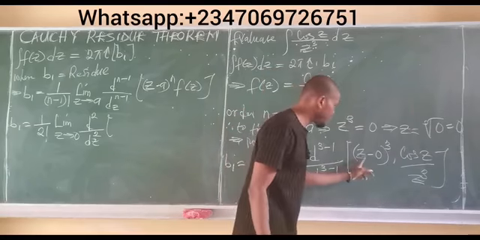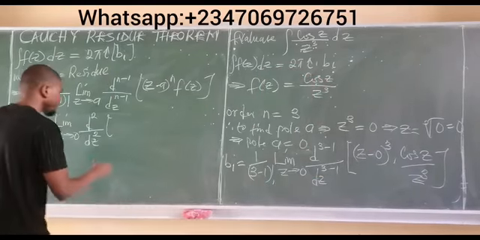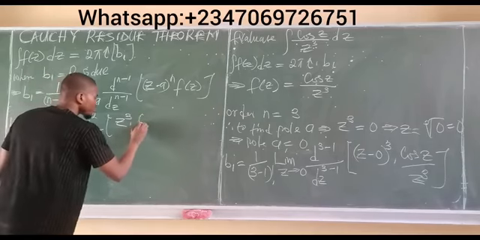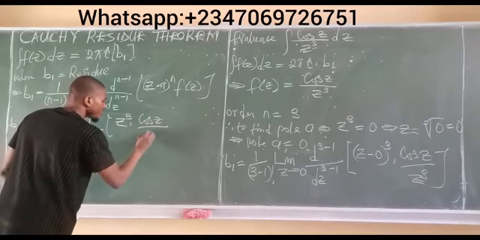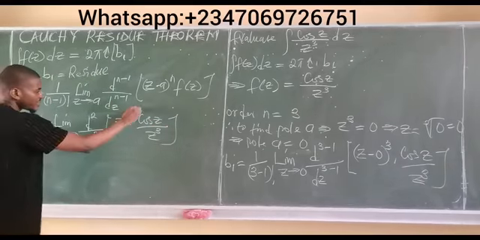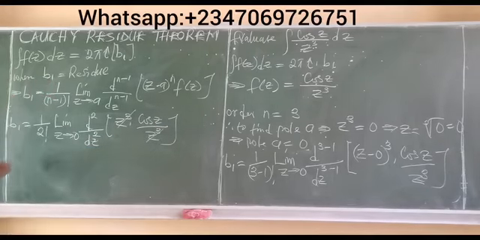You have here z minus 0 remains z, and z to the power of 3 becomes z cubed, times f of z, which is cos z all over z to the power of 3. You notice now that from here, z to the power of 3 cancels z to the power of 3. That means you have b1 equal to 1 all over 2 factorial, which simply means 2 times 1.